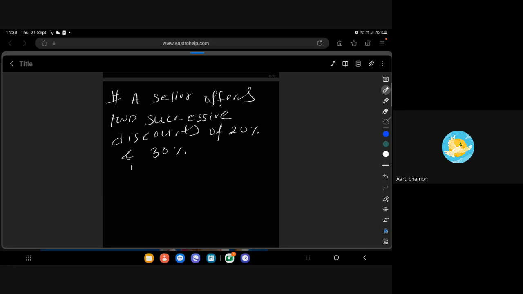What is the net decrease in the price? So here the seller has offered two successive discounts of 20% and 30%. Discount means decrease or increase? Decrease. Then what is the net decrease in the price?